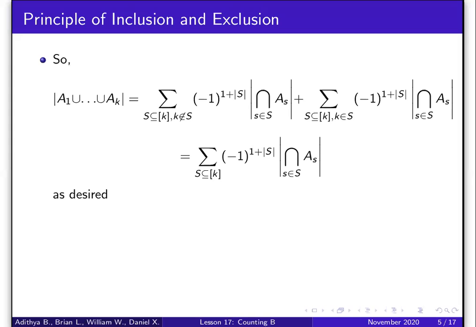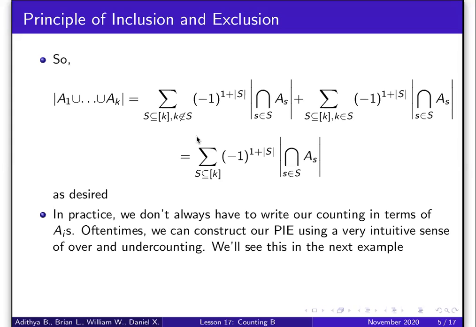So in practice, we're not actually going to find the principle of inclusion and exclusion in this exact form most of the time. What we're going to get is instead some sort of alternating sequence where we sum all our cases, but then we have some overcount. So then we'll have to subtract some cases, and then we subtract a bit too much, and then we add in and subtract again.